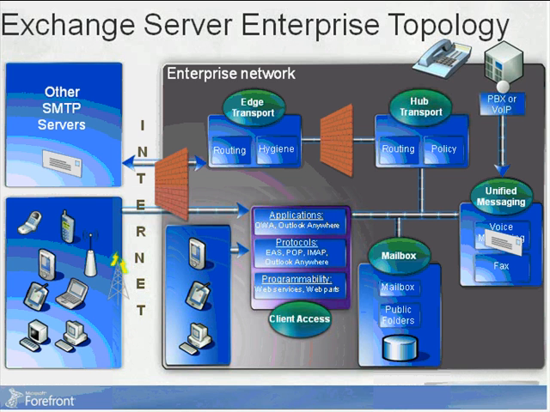On arrival at the hub transport server, transport rules are applied to further filter the message. Now the hub transport server passes the message to the appropriate mailbox server. If the user is currently connected to the mailbox server from Microsoft Outlook 2007, they are notified about the arrival of a new message.